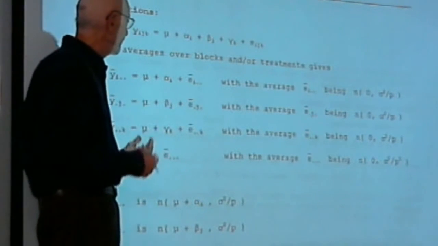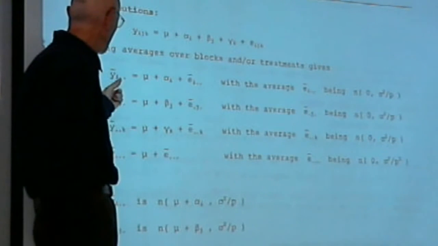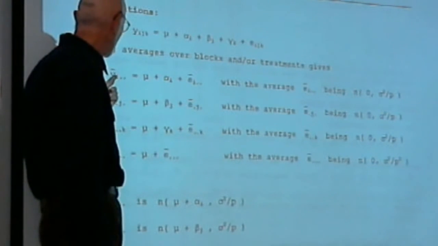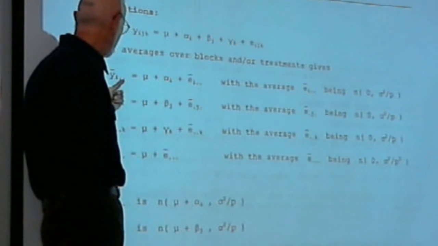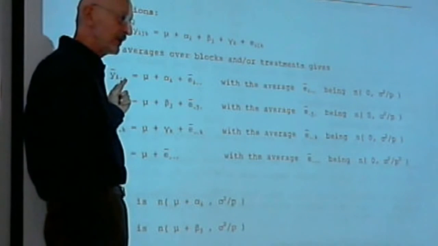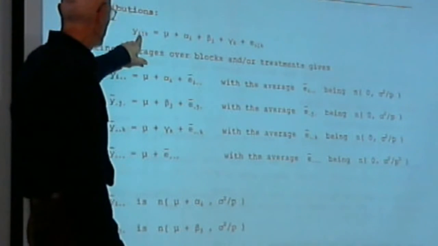What kind of distributions do we have with data that follows this kind of pattern? Well, take the average fixing i. So y bar i dot dot says we're fixing the row at the ith row and averaging over the data. Double dot. Triple subscripts.